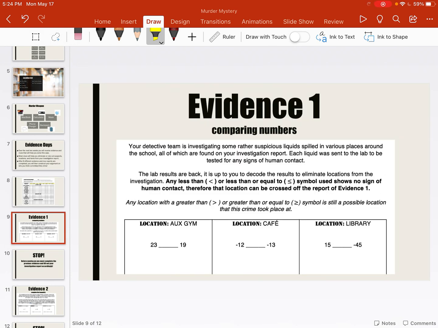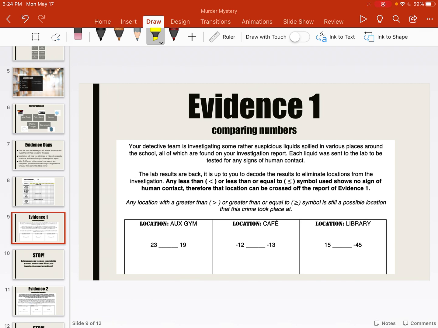Evidence 1 is comparing numbers, and it says, your detective team is investigating some rather suspicious liquids spilled in various places around the school, all of which are found on your investigation report. Each liquid was sent to the lab to be tested for any signs of human contact. It says the lab results are back.